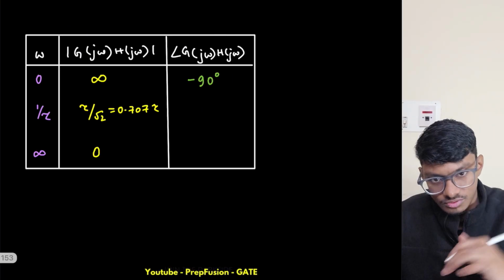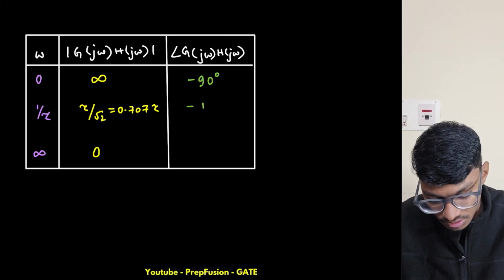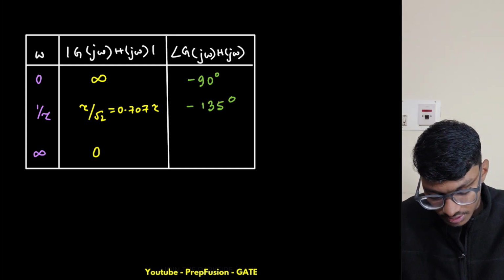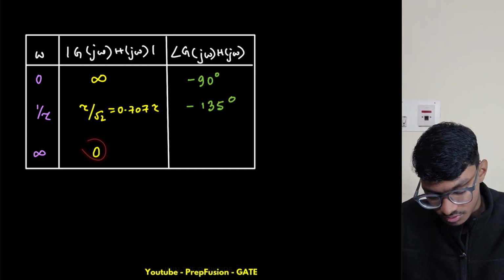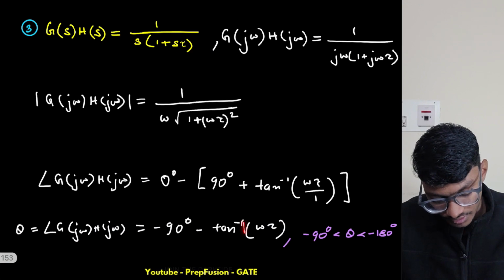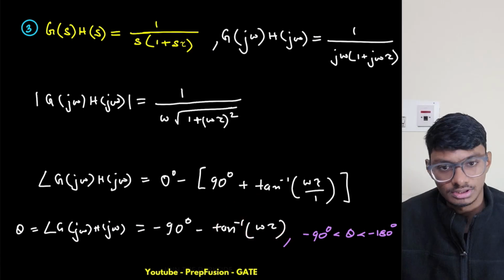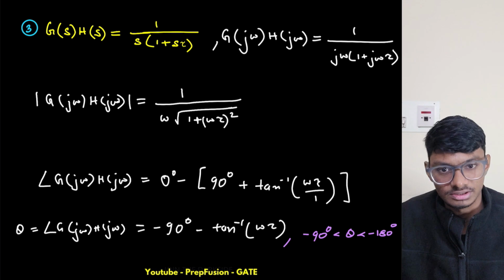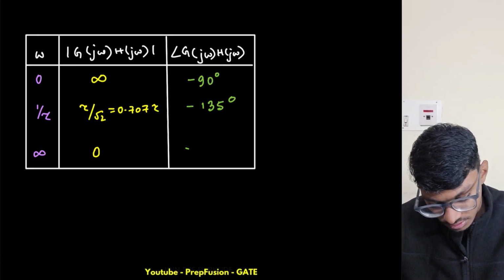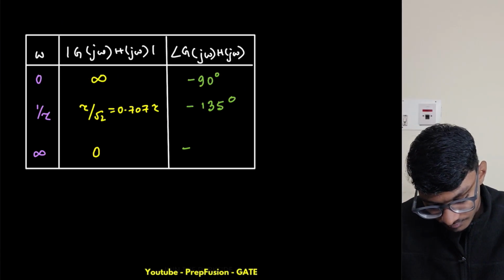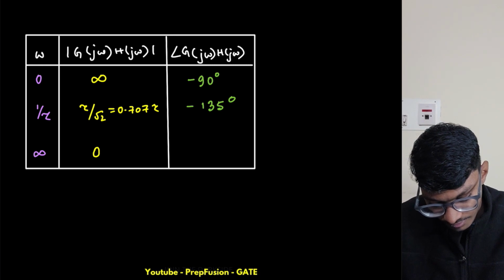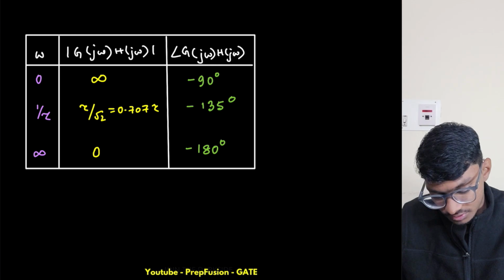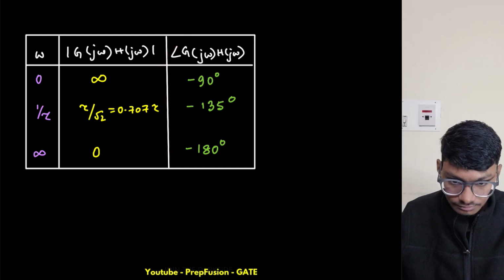As I told, it is reducing from minus 90, minus 135. And if I put omega equals infinity here, this whole thing becomes 90. So minus 90 minus 90 is minus 180 degrees.